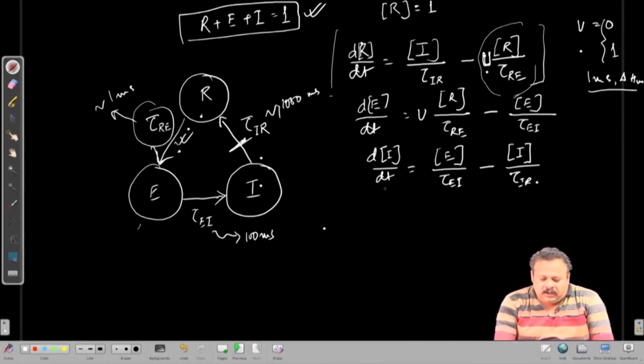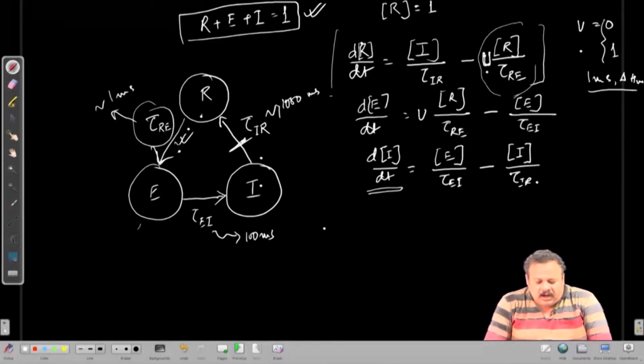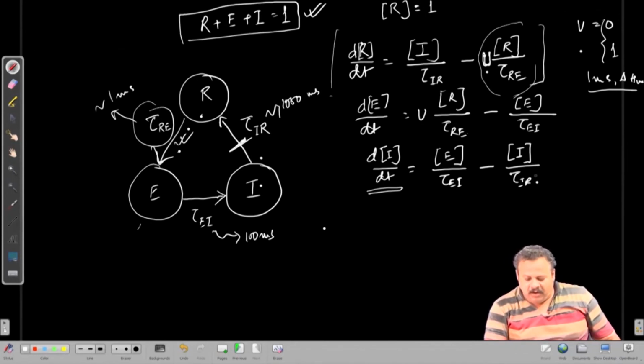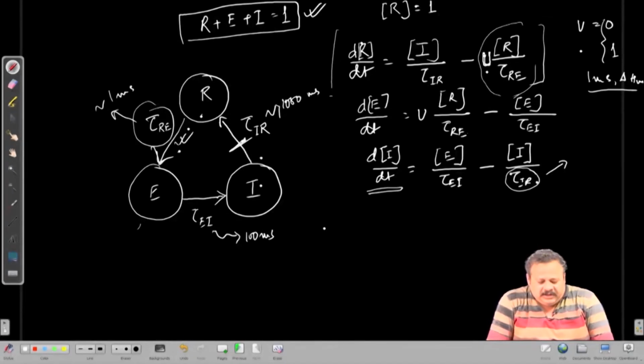However, the rate of change of I, that is going from I to R, is extremely small, because this tau IR is very large, and that basically keeps the neurotransmitter in the ineffective to R pathway in the middle, in that state.